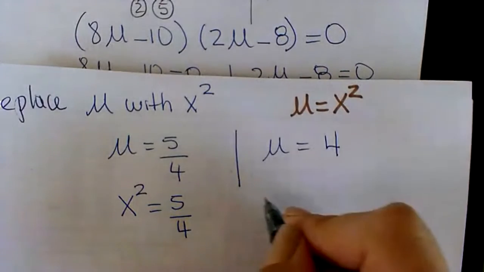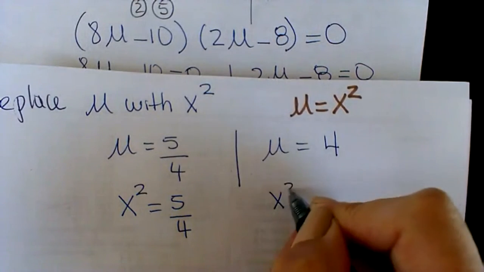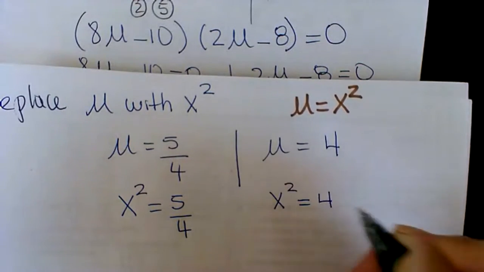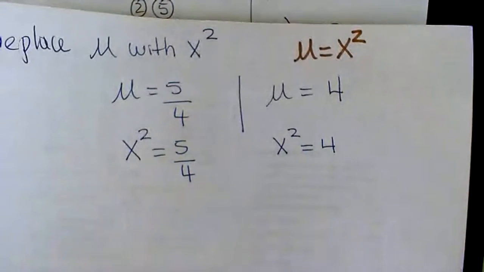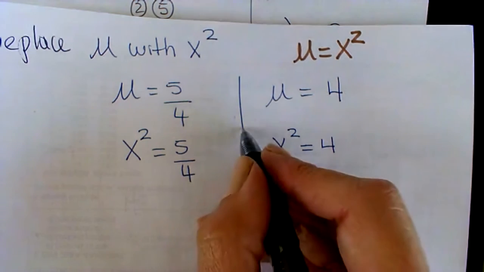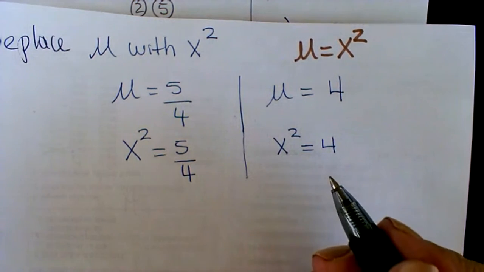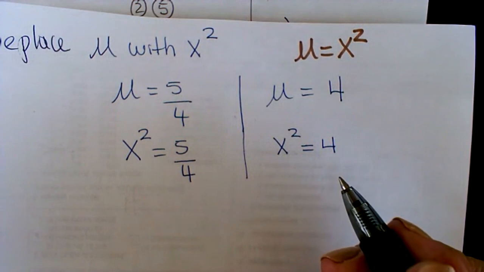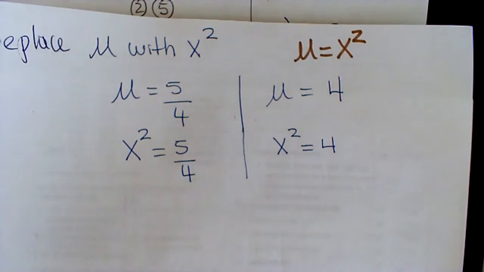And what we have here is x squared equals to 4. Now, what are we doing? We're going to solve for the original variable. So we're going to be using the square root property.